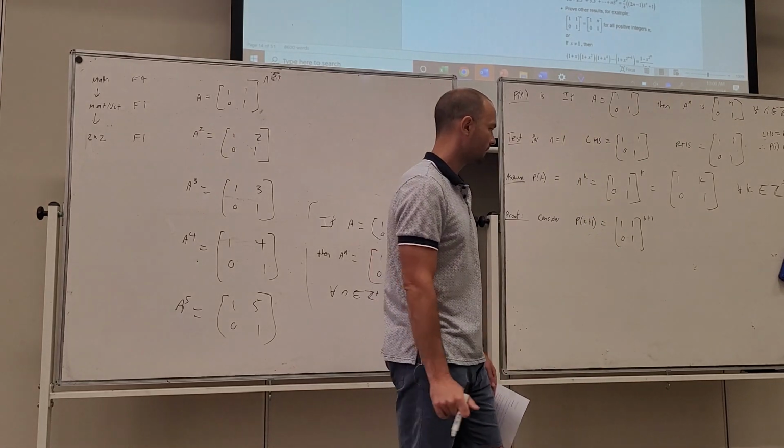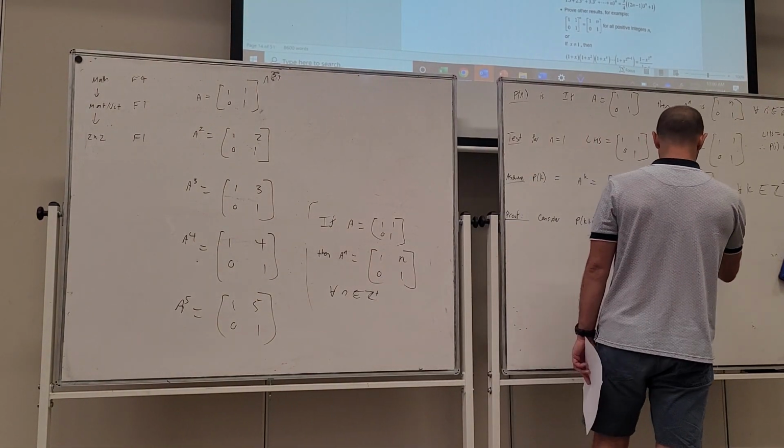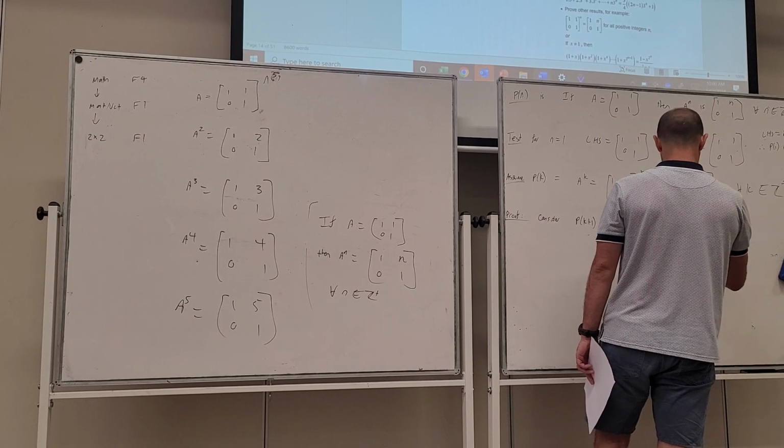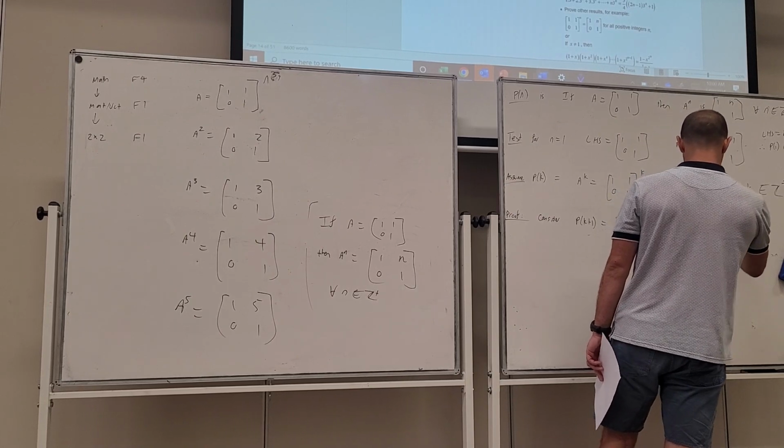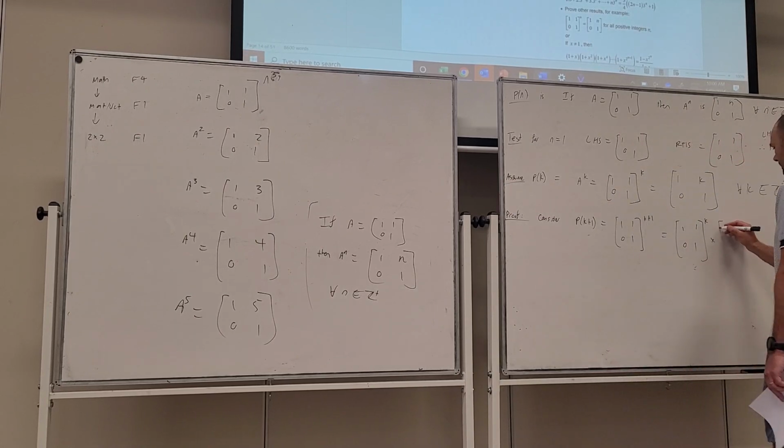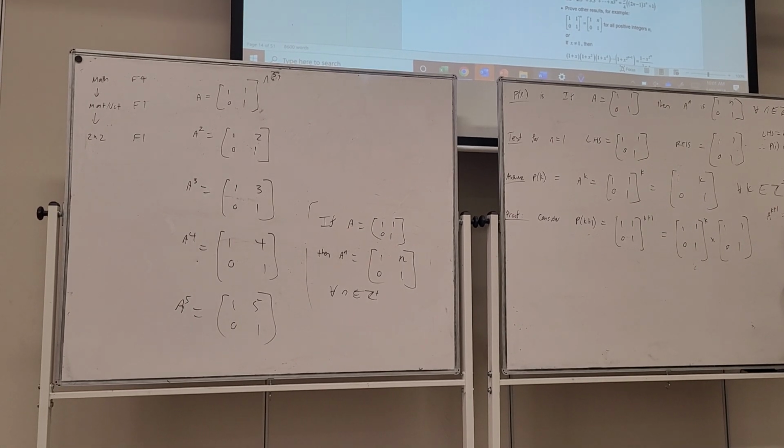The matrix to the power of k plus 1 is equal to the matrix to the power of k multiplied by the matrix. Okay? All we're doing there is we're saying if you have A to the k plus 1, another way you can write it is that it's A to the k times A. That's all we're doing there.